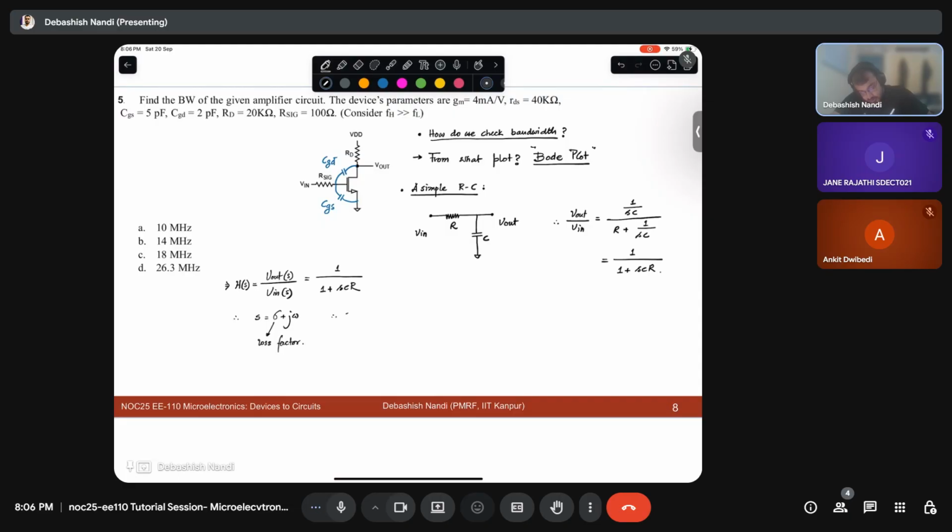So if we consider sigma equal to 0, so we go from Laplace to Fourier domain, right? So my H of j omega becomes 1 by 1 plus j omega CR. So now tell me, how do I plot Bode plot from this?